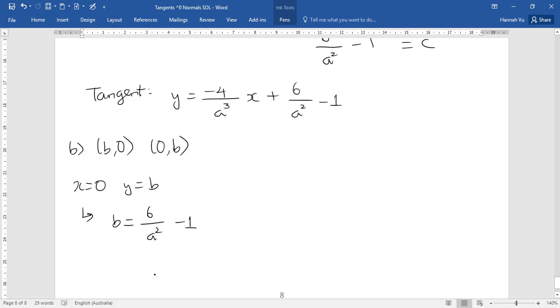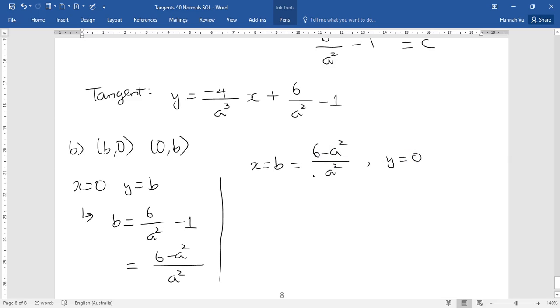Okay, this is going to be fun. I'm going to write it as 6 minus a squared over a squared. The second one, when x equals b, and now you know b is this, which is also equal to 6 minus a squared over a squared, y equals 0.